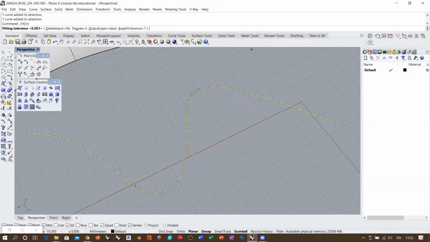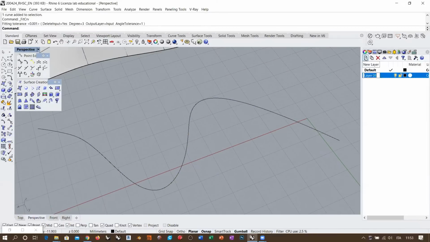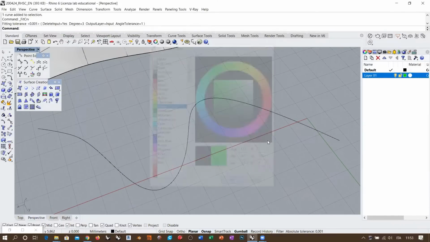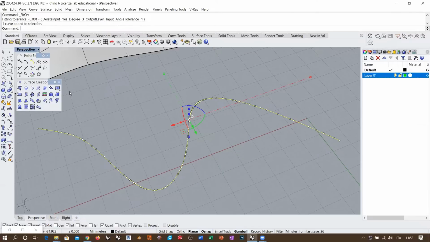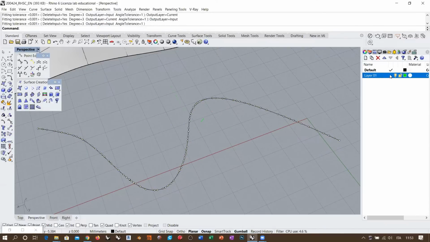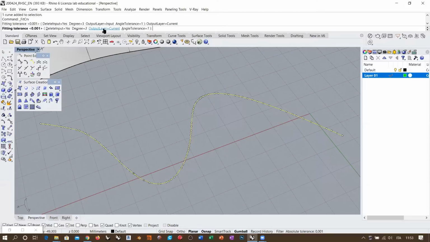I'm going to create a new layer, like layer 01, and give it the green color. I'm going to refit this, and the output layer is going to be the current layer, so the refit curve will be placed inside layer 01. Sorry, I have to switch to layer 1 first.